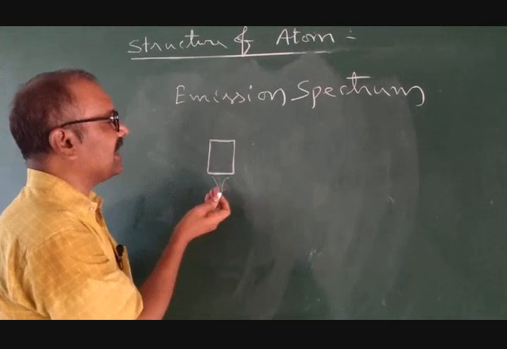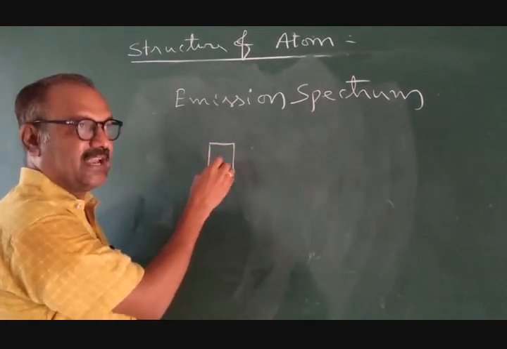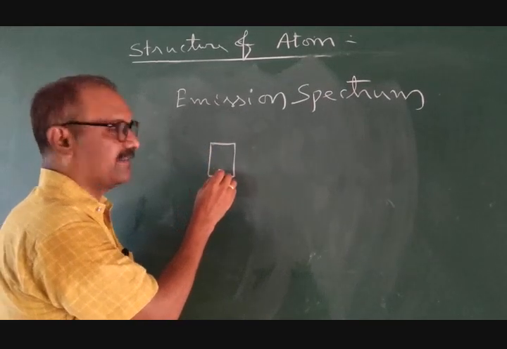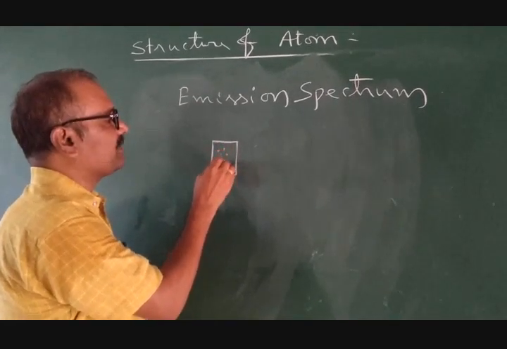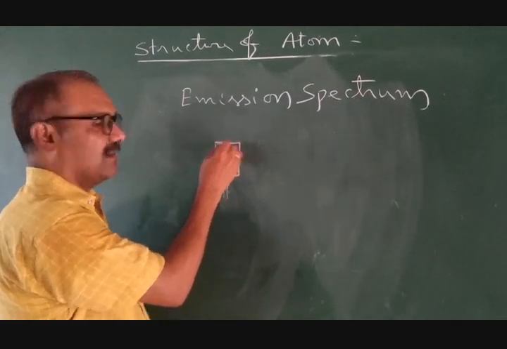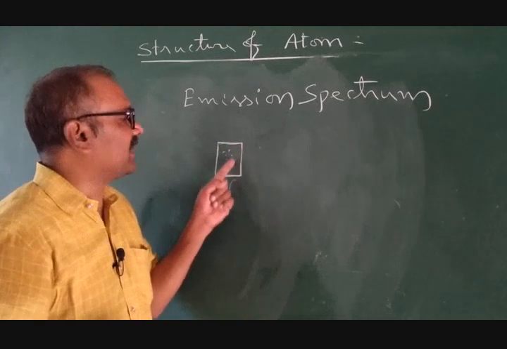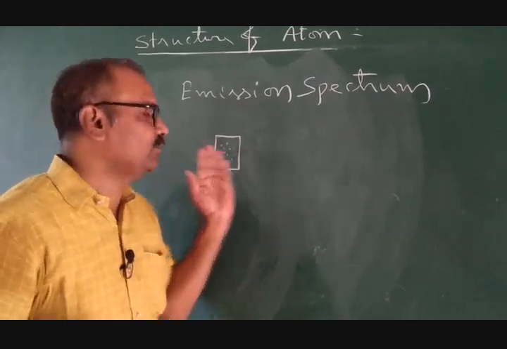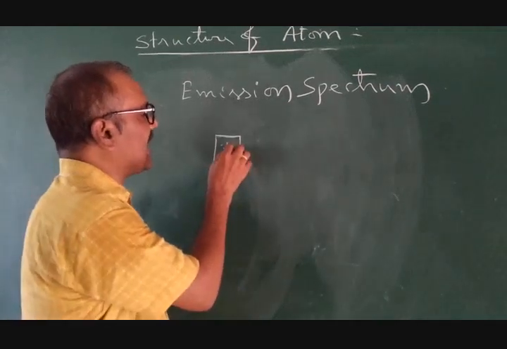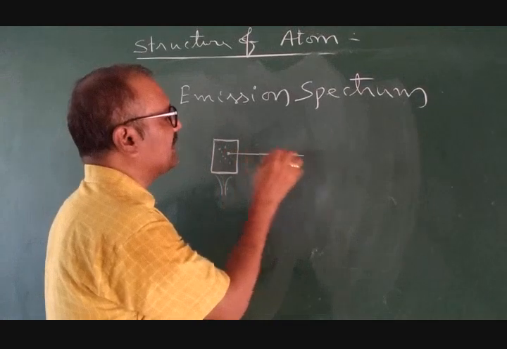When it is highly heated or subjected to electric discharge, when an electric arc is given, then the particles present in this vessel absorb the energy. That heat energy is absorbed by these particles. This absorbed energy is again lost in the form of light.